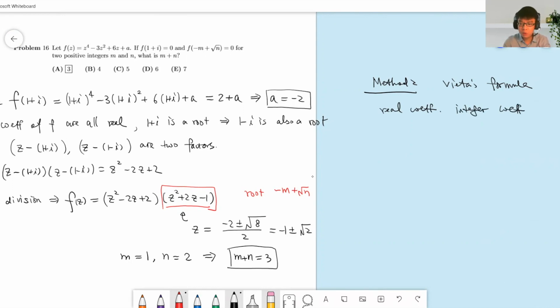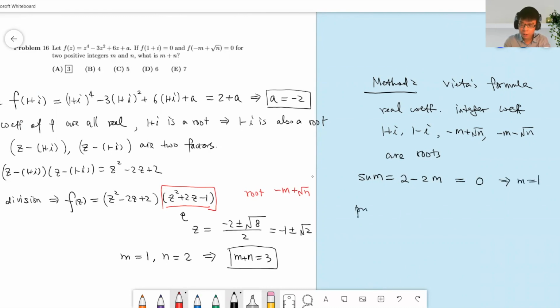On one hand, because of real coefficients, 1 plus i is a root means 1 minus i is also a root. Because we have integer coefficients, we have minus m plus root n is a root. That means minus m minus root n is also a root. So those two are roots. And then Vieta's formula says that the sum of the roots here is equal to 2 minus 2m. And here the coefficient for z cubed equals 0. So by Vieta's formula, this equals 0. We have m equals 1.